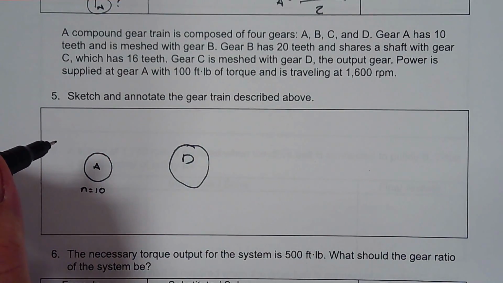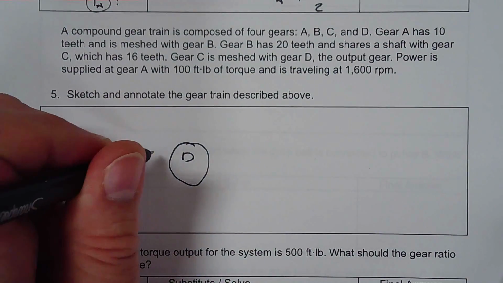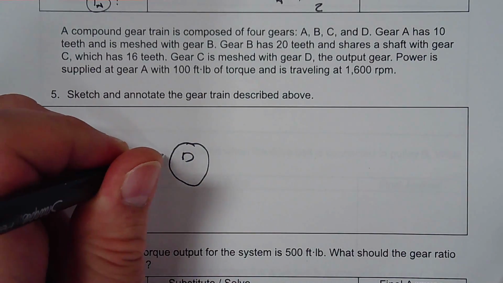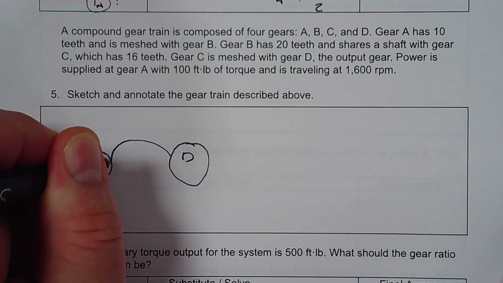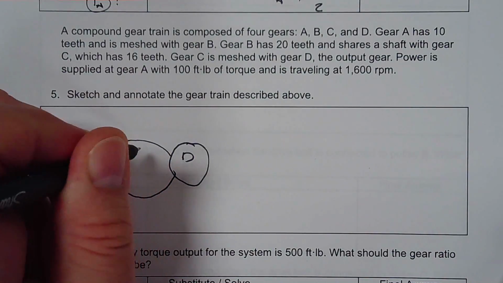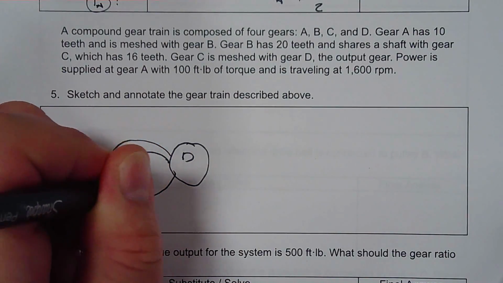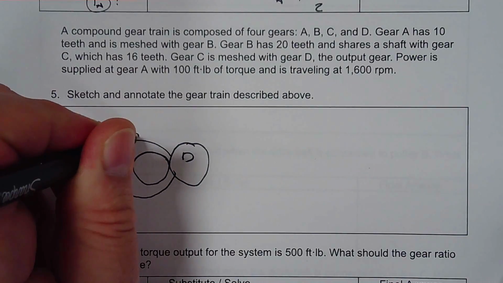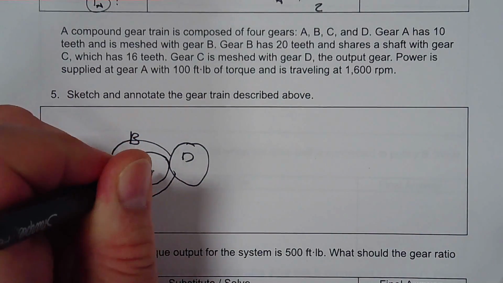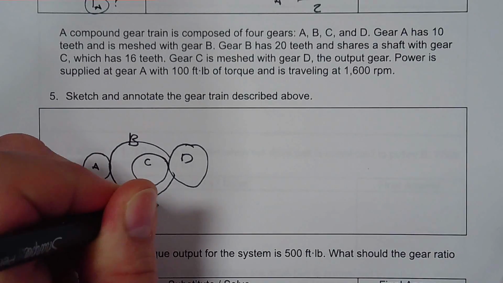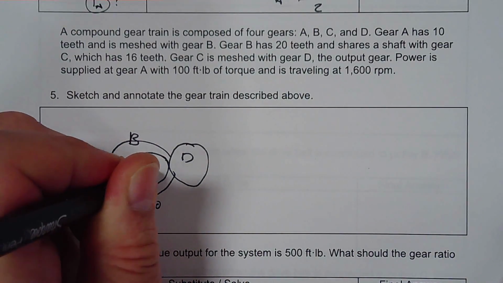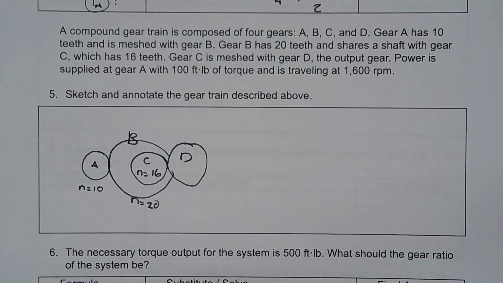Because A has 10 teeth, gear B has 20 teeth and shares a shaft with gear C, which has 16 teeth, we have B sitting somewhere here, and then C attached to it. So this is B, and this is C, with N equals 20 on B and N equals 16 on C. It's probably easier to do it with a pencil.